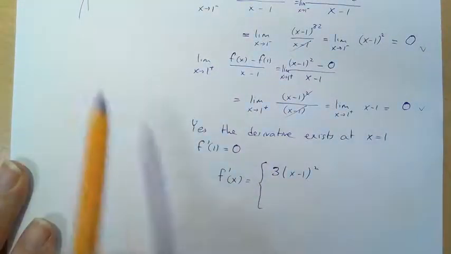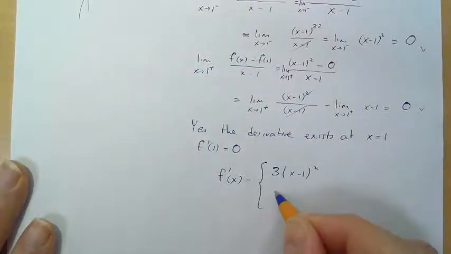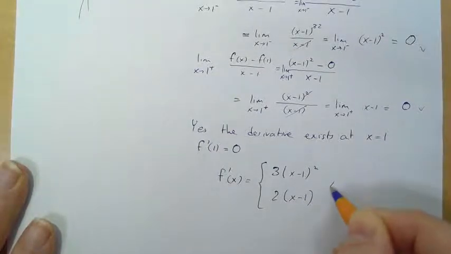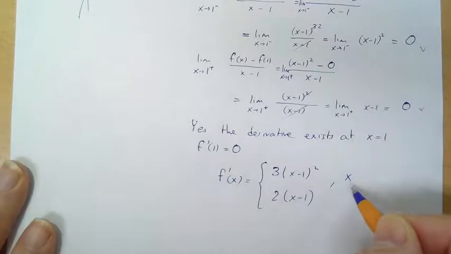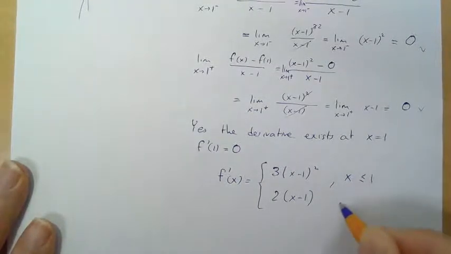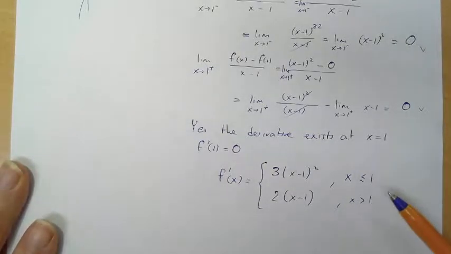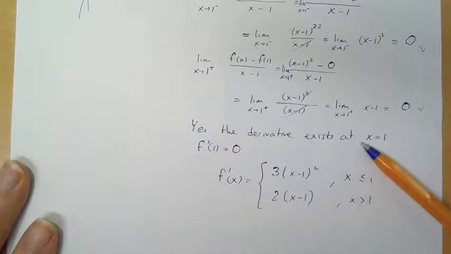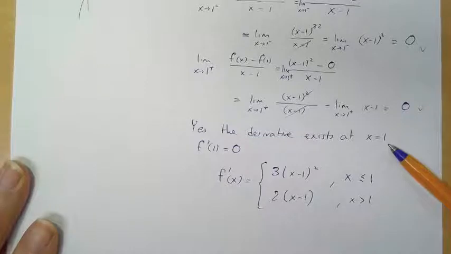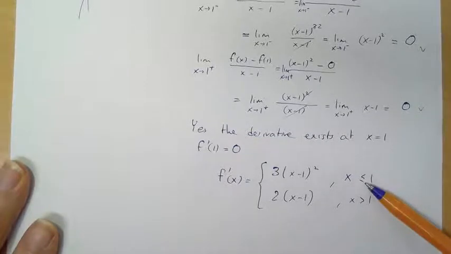The derivative of (x minus 1) squared is 2 times x minus 1. And you can say that this is true for these values. Had we found that the derivative was non-existent at x equals 1, we should be careful and not put this equal sign here.